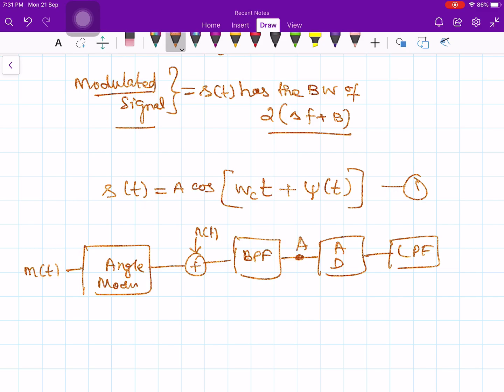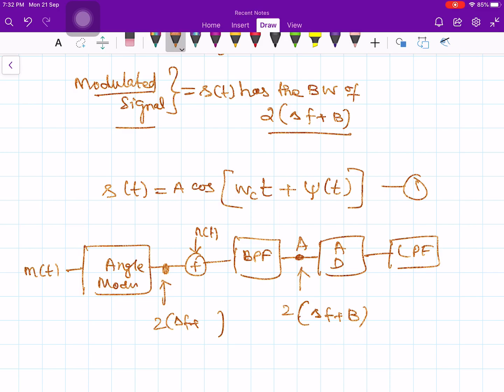Now what I am saying is, this signal S of t, when it reaches the point A, at that point A also, it has the same bandwidth, and noise also has the same bandwidth. And here also the modulated signal has the bandwidth of 2 times del f plus b hertz. That would be more appropriate.